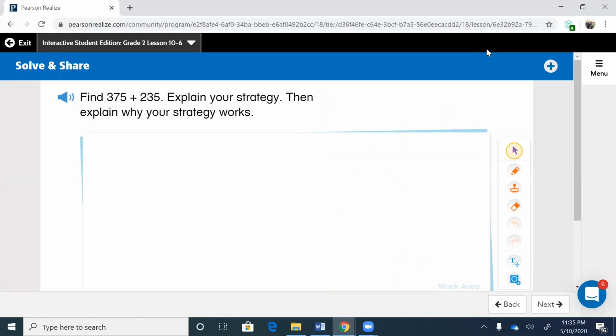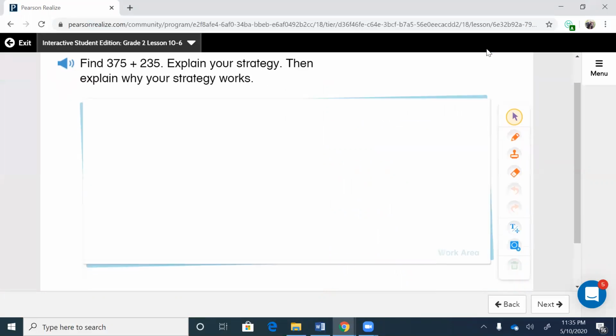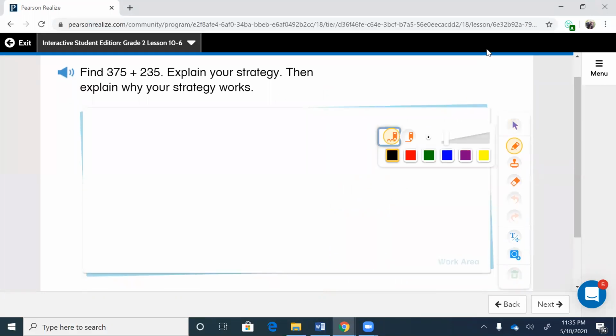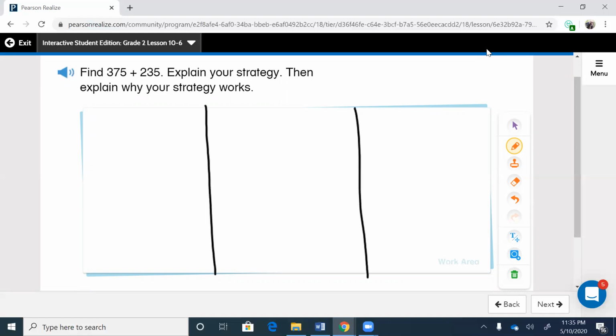So the first one, to add 375 plus 235, I'm going to go ahead and draw it with the place value blocks. Okay, so the first thing I need to do is split it up. Hundreds, tens, and ones.